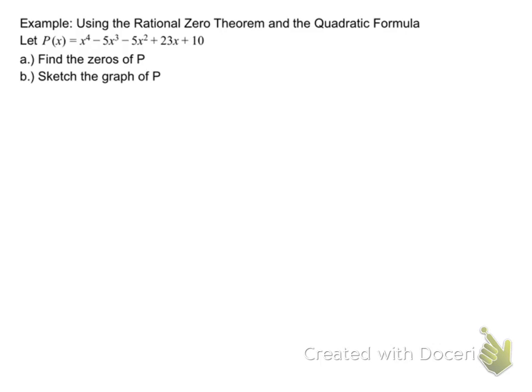So this one, I want you to find the zeros, and the hint says at the end you have to use the quadratic formula. And the whole reason, guys, of finding the zeros of a higher degree polynomial is to find where it crosses the x-axis so you could graph it more accurately, right?